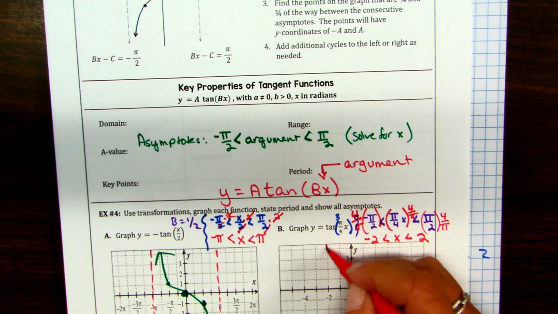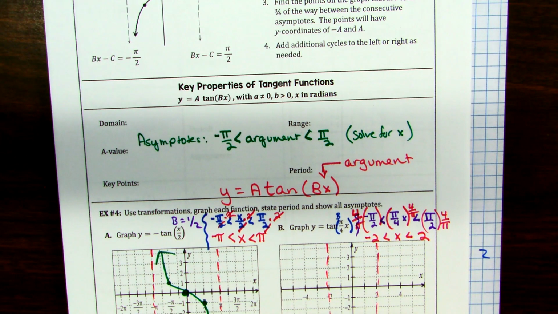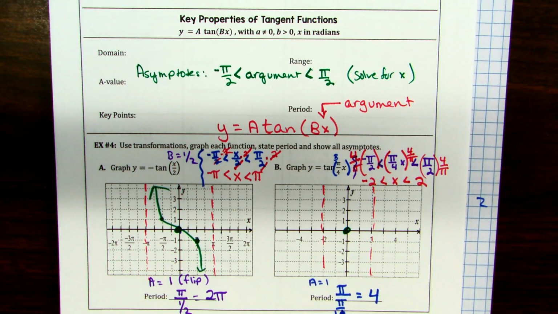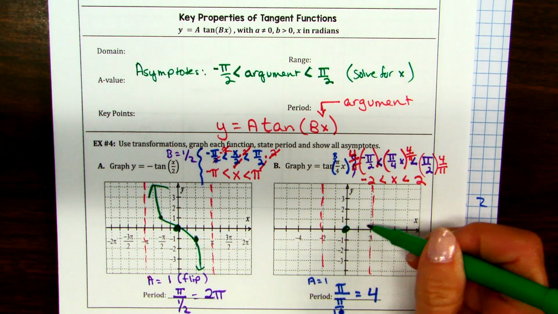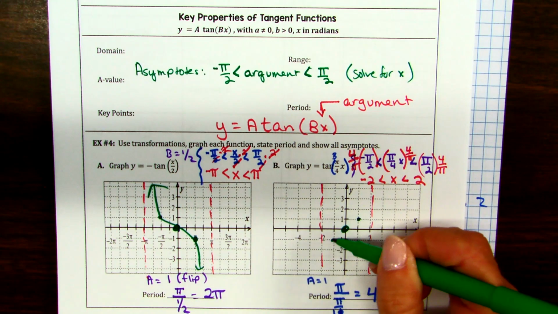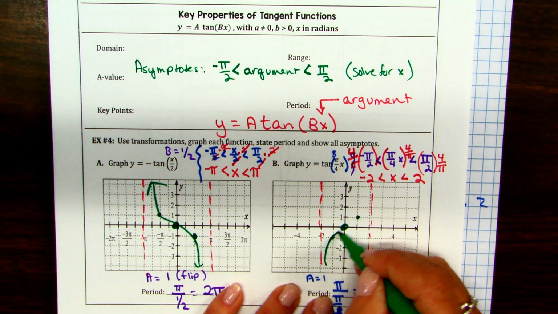From negative 2 to 2, those are my asymptotes, that's a total of 4. Right in the middle is my x-intercept, and it's a positive tan, so I'm going to go up. It's an increasing function, rising left to right.